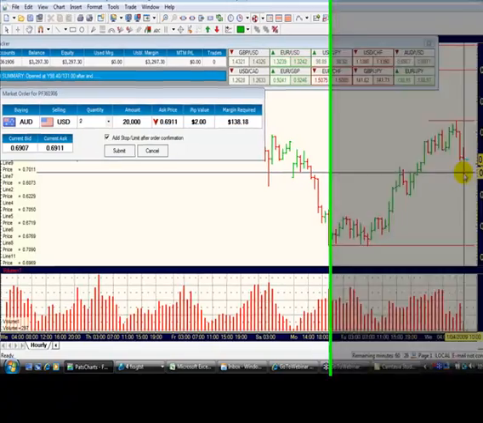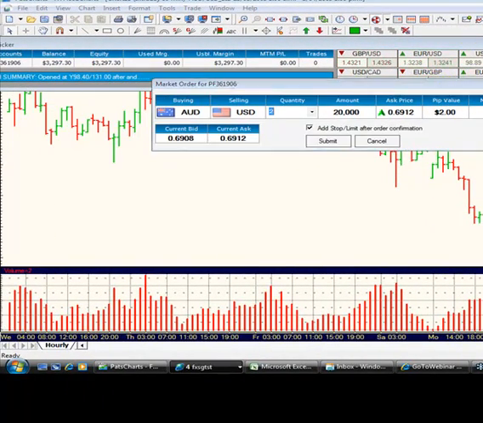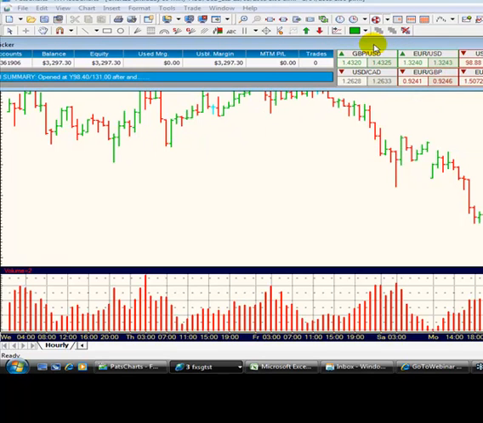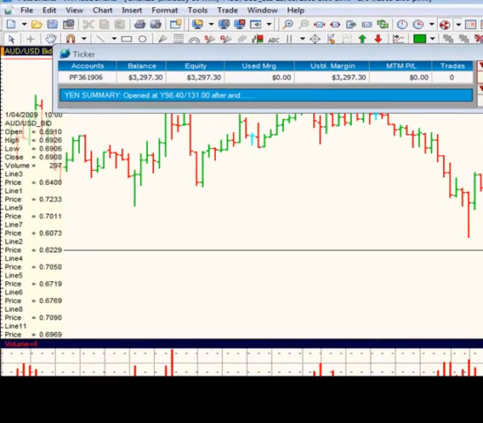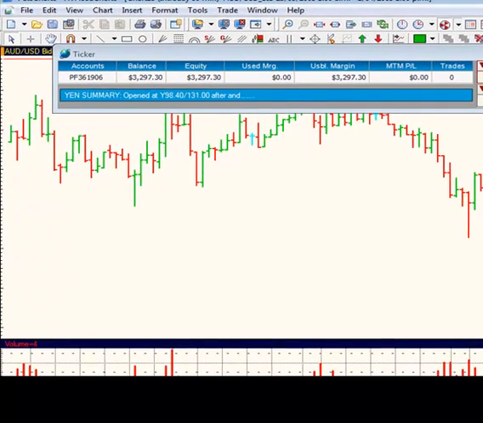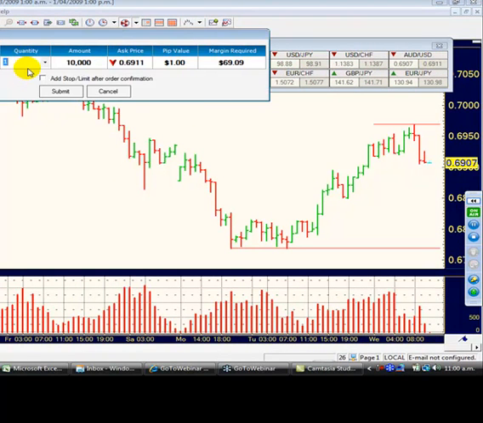If I click on that bar there, the close of that bar is 69.08. So I want to take a buy at 69.08 and 69.07. A 4-point spread, so we've got 69.11 there.